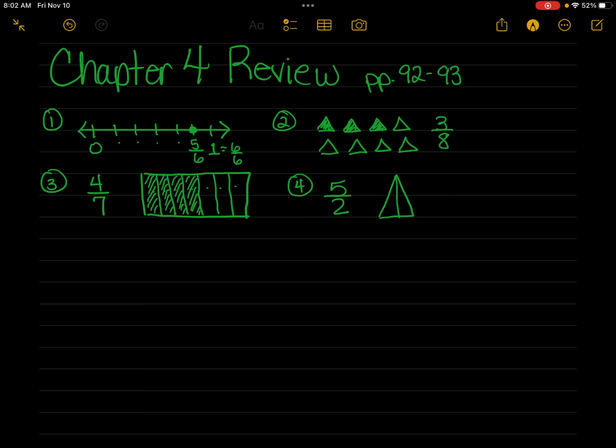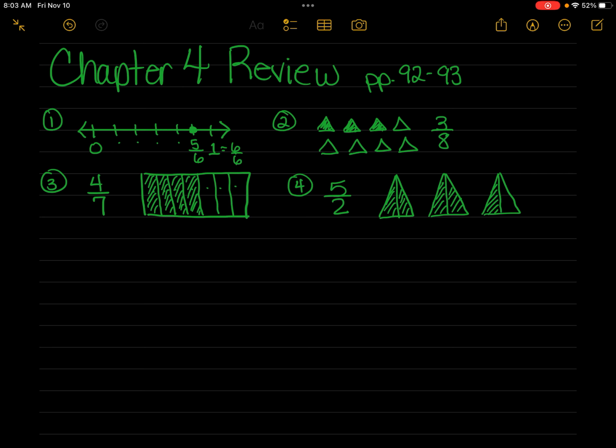Well, that's 2/2. I'm trying to get to 5/2. That's 2 more, so that's 4/2. I want 5/2. So this is 6/2, but we want to only shade 5 of them. So 1, 2, 3, 4, 5. Each of these is split into halves, and then I shade 5 sections.